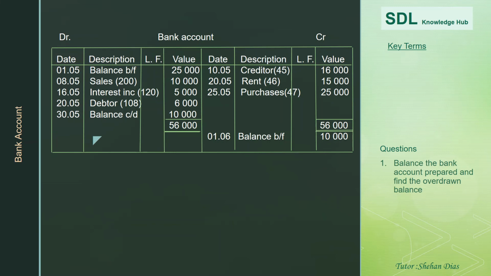And then add the totals to get 56,000 and balance the account, which will show a credit balance. So carried down on the debit side for 10,000 and brought forward for 10,000 on the credit side. So this is an overdrawn balance in the bank account.